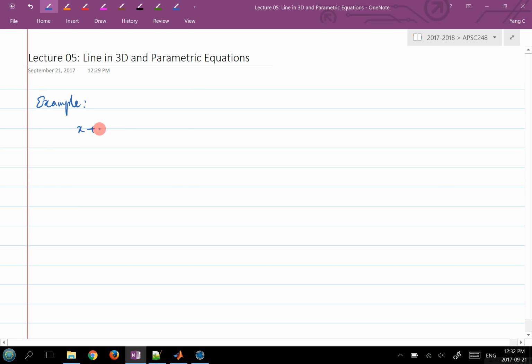Say that we have a plane and two points here. What we're trying to figure out is the relative relationship between the plane and the points.